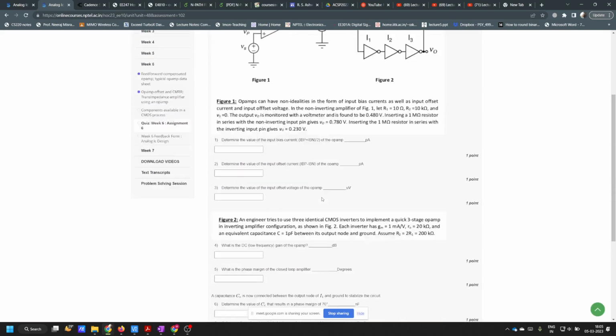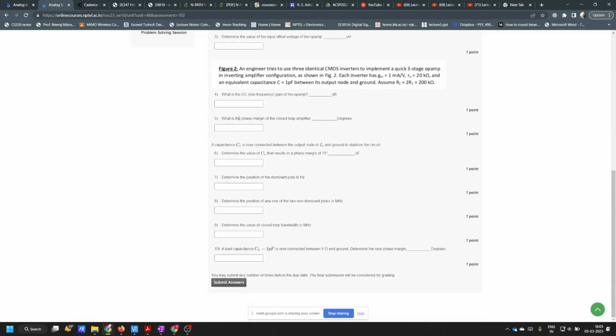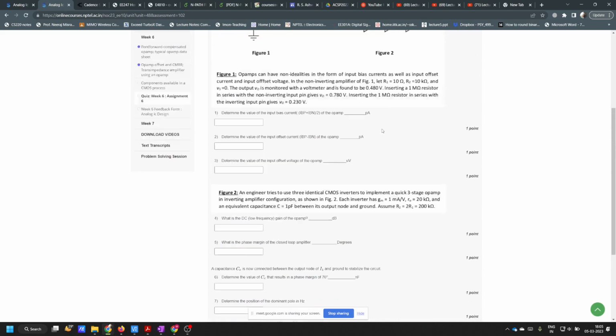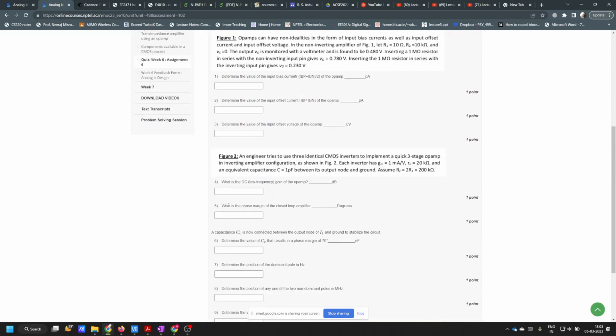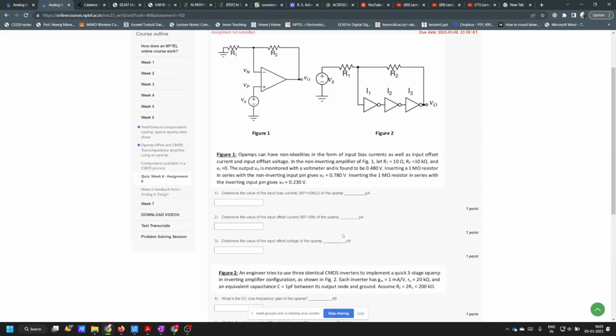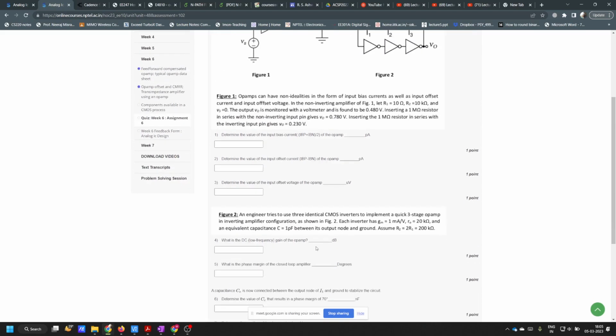Fifth question: what is the phase margin of the closed loop between the output node and the ground? So what was your question? Sir, should we be doing the whole analysis for the Miller capacitance circuit? I don't think there's a Miller capacitance here. Just the same analysis, we should do it again, like we need the pole frequencies.